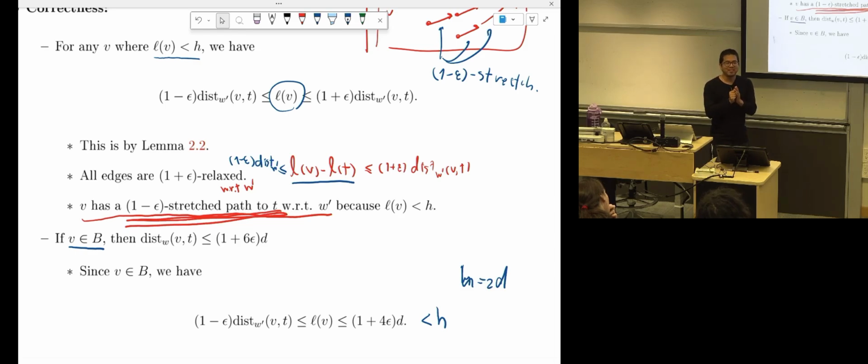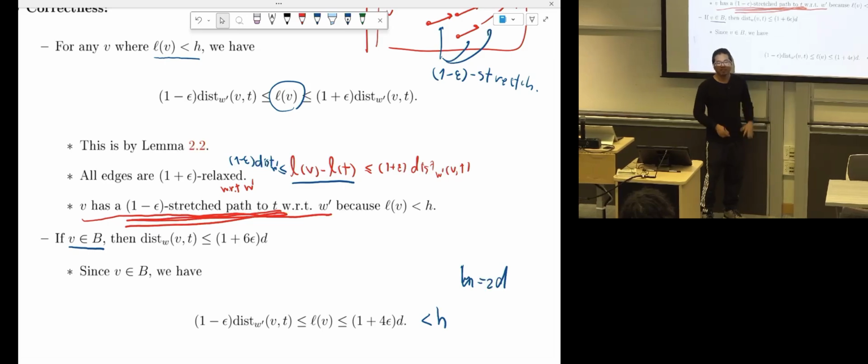How did we define W prime from W? Well, we rounded up the original weight of the edge to the nearest multiple, and then we added epsilon d over n times something, but we only increase, right? We only increase W to W prime. But if the distance is small in W prime, it must be small in W too, because we only increase.